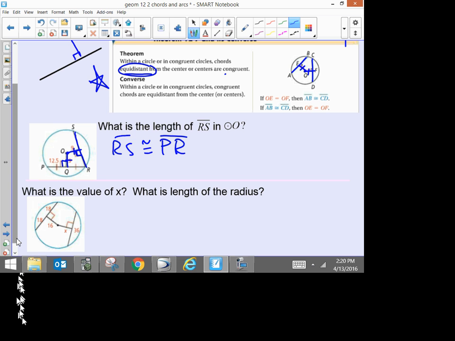That's right. Well, I don't have PR, but I could get it, right? What is PR? 25, because it's twice 12 and a half. Again, that was just something that they told us. All right, so they're both 25. There's a lot going on. This gives you this, gives you this. All right, try the next one.